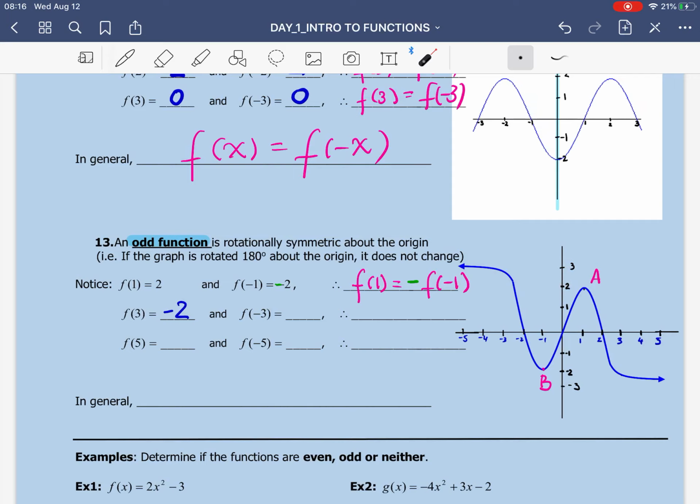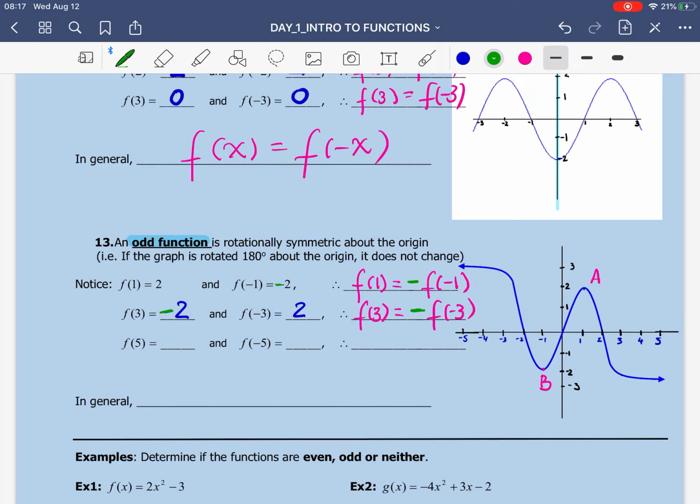So right here. So we're going to say that f of 3 and f of negative 3 are not exactly equal to each other. They are opposite in value. So we're going to say that's negative.